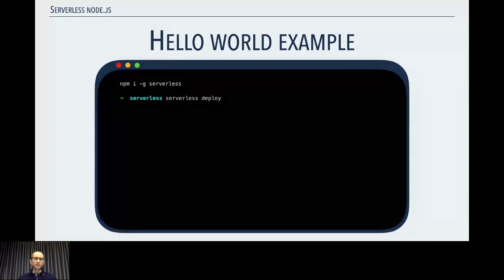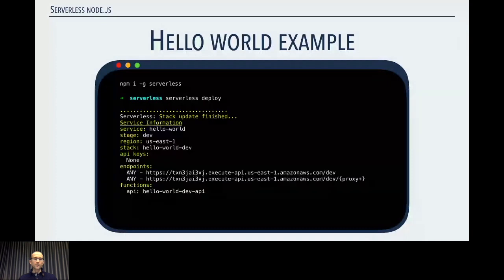There will be a lot of output in our console. Once it's ready, you can see some details of the whole operation, and there's a section with available functions, their names, available endpoints, and addresses for those endpoints.